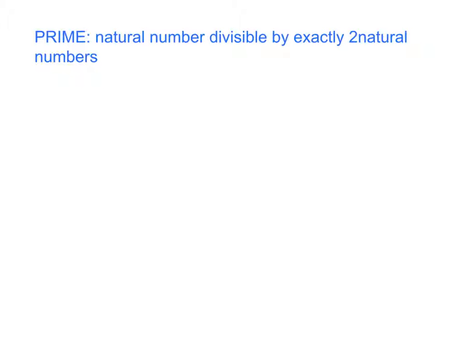And the natural numbers that it's divisible by are 1 and itself. Okay? For example, let's take the number 3.